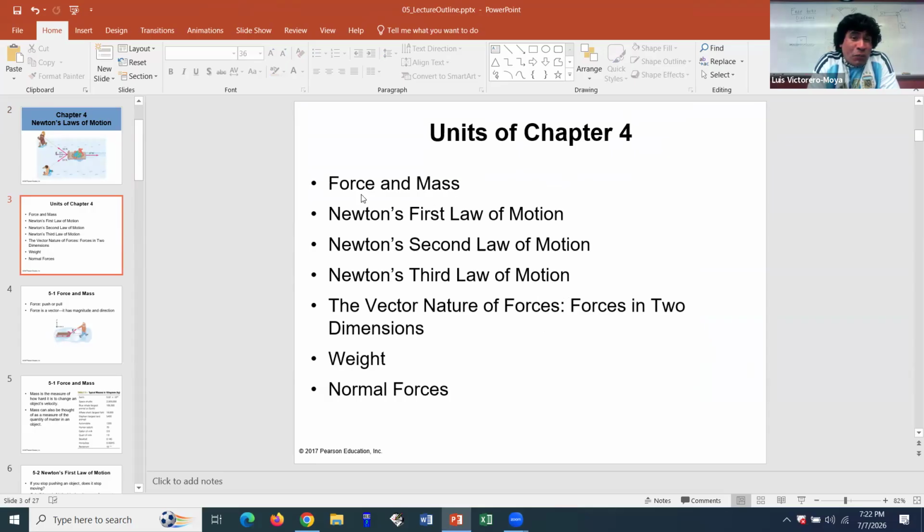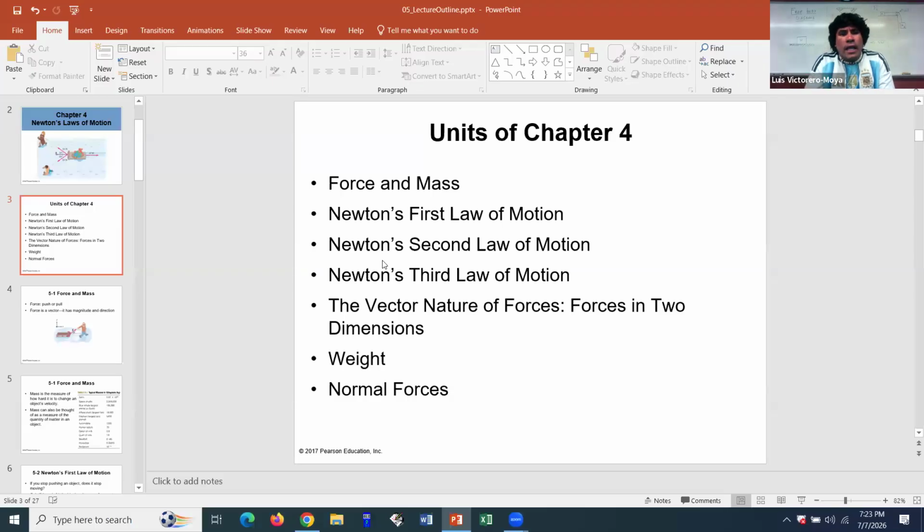I can already explain this on the whiteboard, but we are going to be mainly discussing Newton's first law, Newton's second law, Newton's third law, and then the nature of forces and free body diagrams, which is what I was doing on the board.